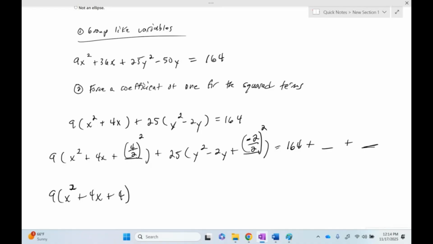So I get negative 1, and then negative 1 squared is positive 1. So it always throws back a positive. So I'm going to bring that down. Plus 25 times y squared minus 2y plus 1. I'm going to bring down that 164.